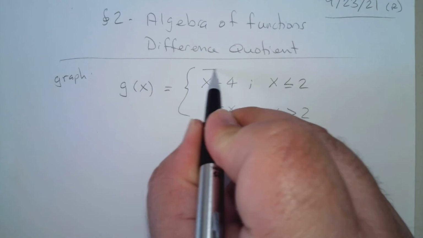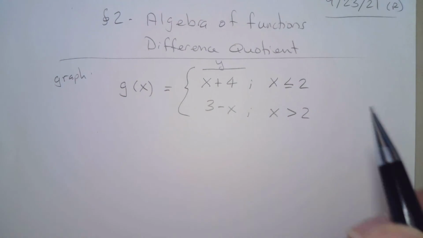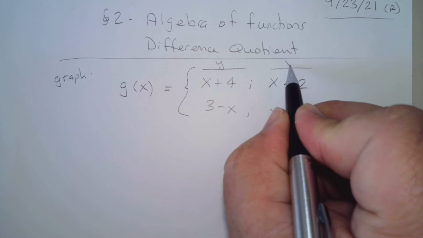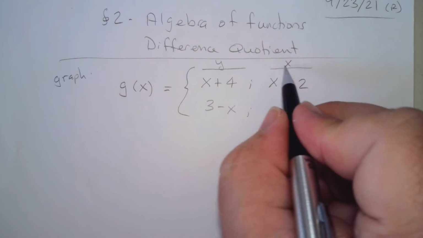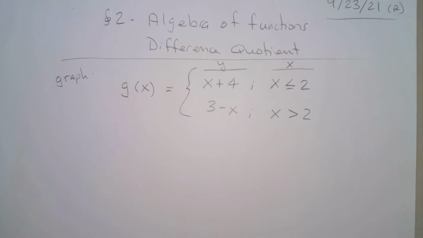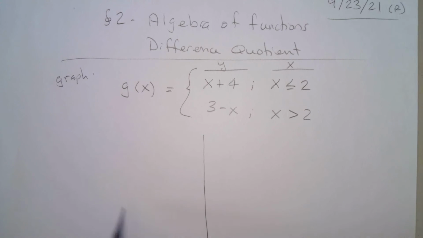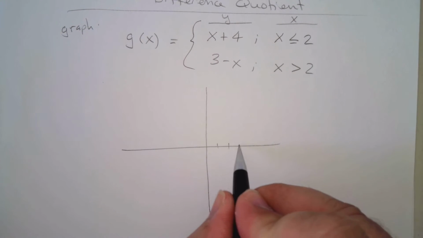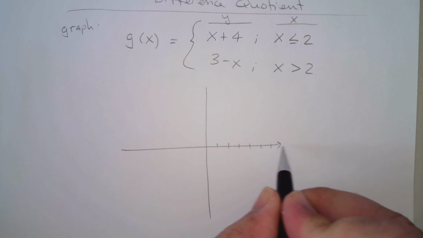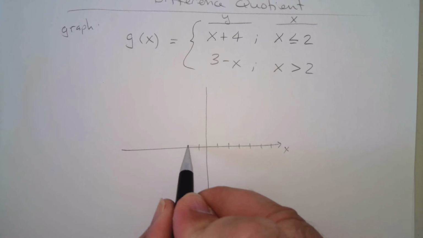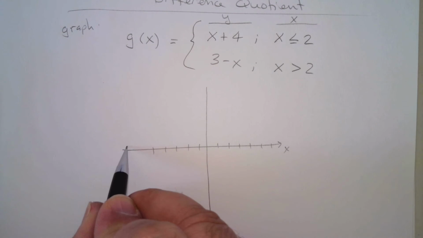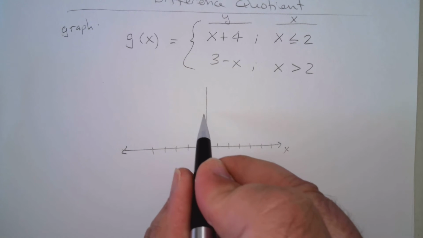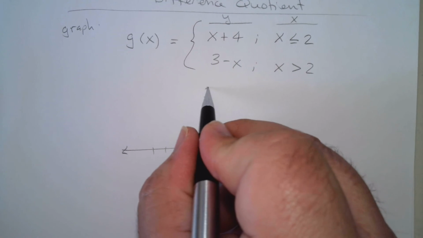So these are your y values. These are your x values, your domain, your range. Let's graph this one. This is my x, and vertical is my y axis.